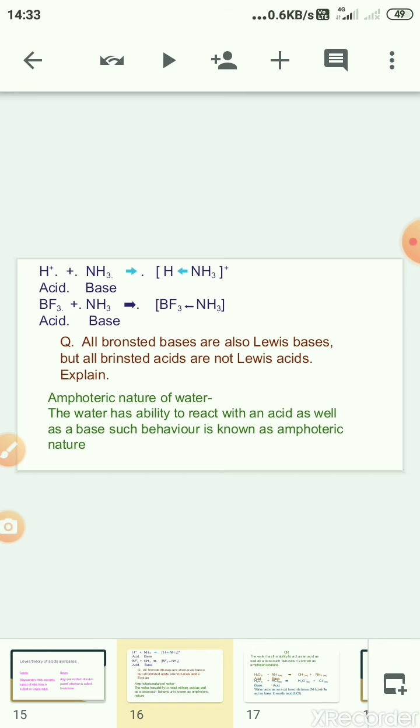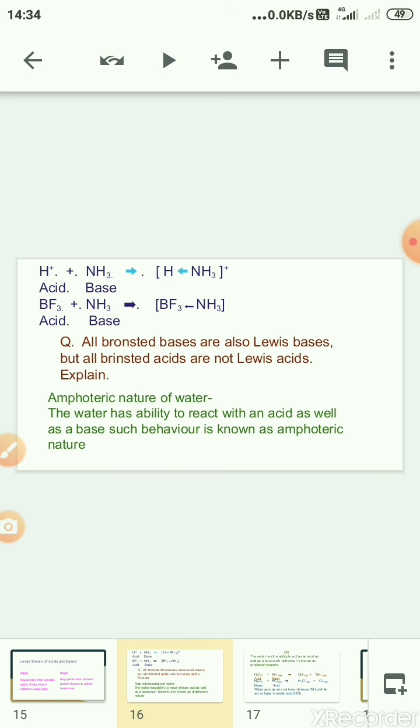Both theories are different because it is not always only H plus ion that accepts the lone pair of electrons. There are different compounds that accept the pair of electrons. Therefore, Bronsted acids are not Lewis acids, but Bronsted bases are always Lewis bases.